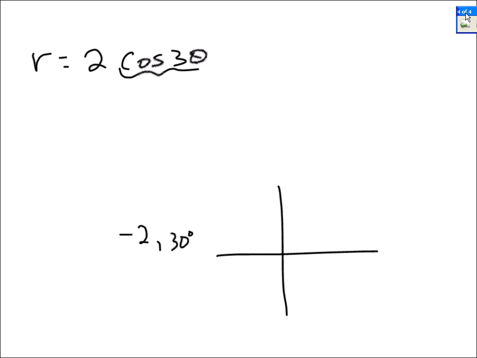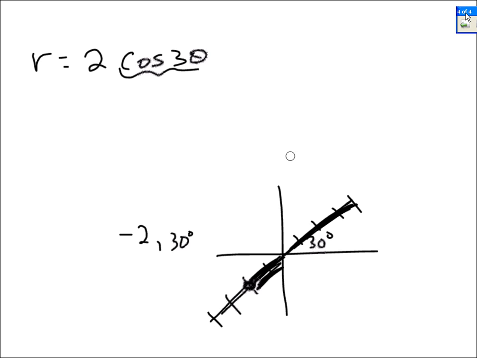What it tells you to do is go out to 30 degrees, but we extend it in the other direction. We have a number line, 1, 2, 3, 4, negative 1, negative 2, negative 3, negative 4. Negative 2 is right there. That's also okay, because the distance is 2, which is what we're looking for.